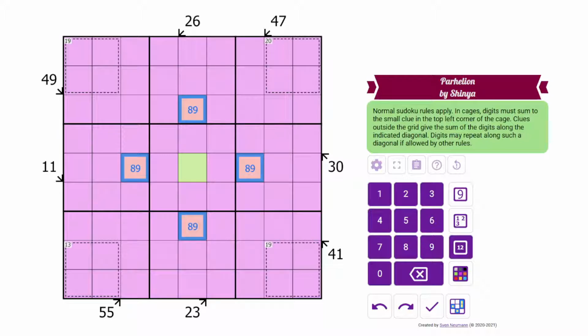So it's 26 plus 47 plus 30 plus 41 plus 23 plus 55 plus 11 plus 49 plus 19 plus 19 plus 20 plus 20 plus 19 plus 19 plus 13 plus 13 equals 424. What did I miss? Oh, and then the 2 lots of 45 plus 90 gives you 514, and it should be 405. So yeah.